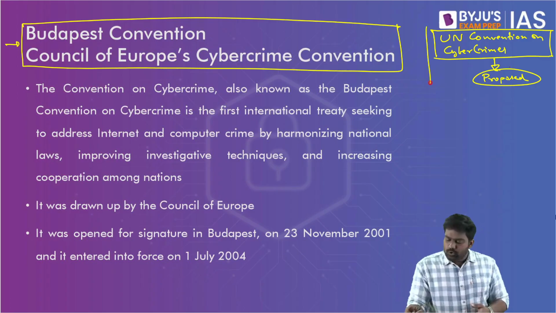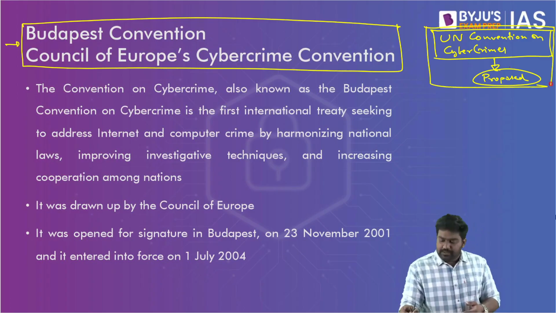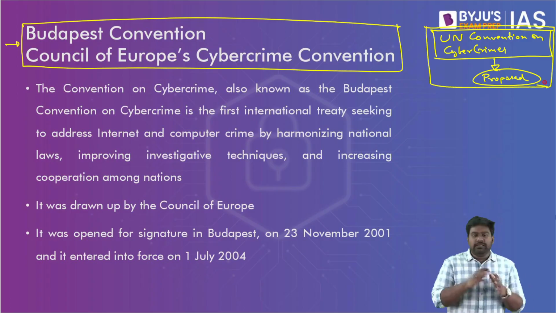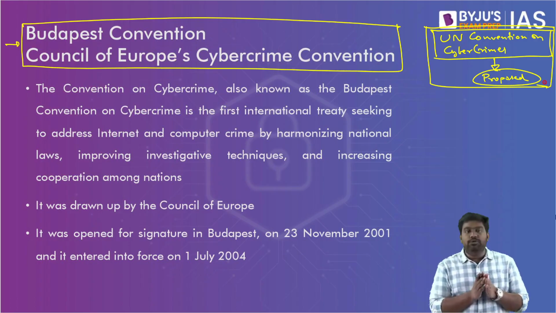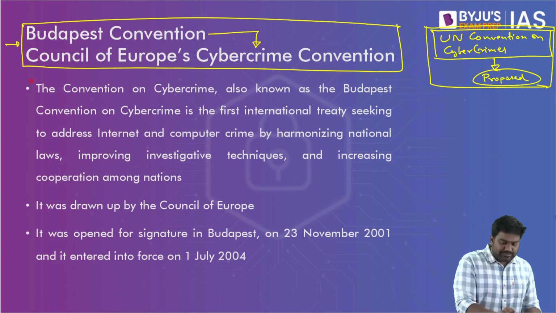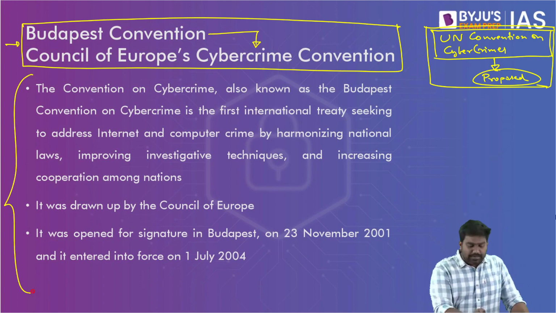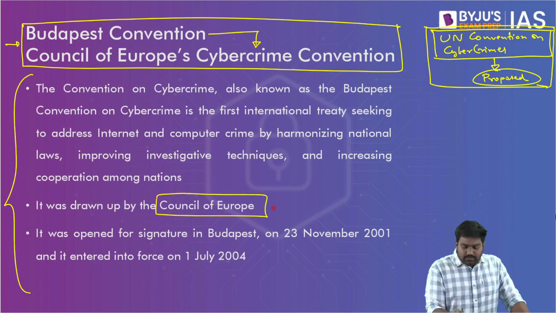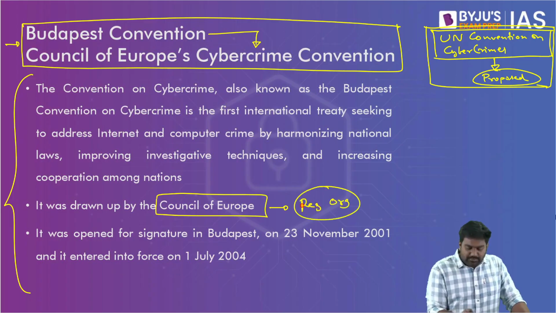So since there is no global UN-led framework as of now, there's only one other convention called the Budapest Convention. The Budapest Convention on Cyber Crimes. It was established by the Council of Europe, which is a regional organization of Europe, and it was established in 2001 and it came into force in 2004.